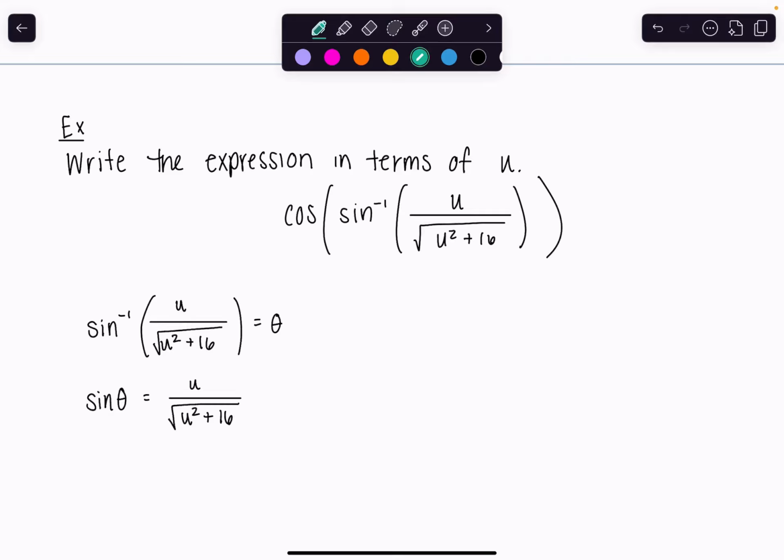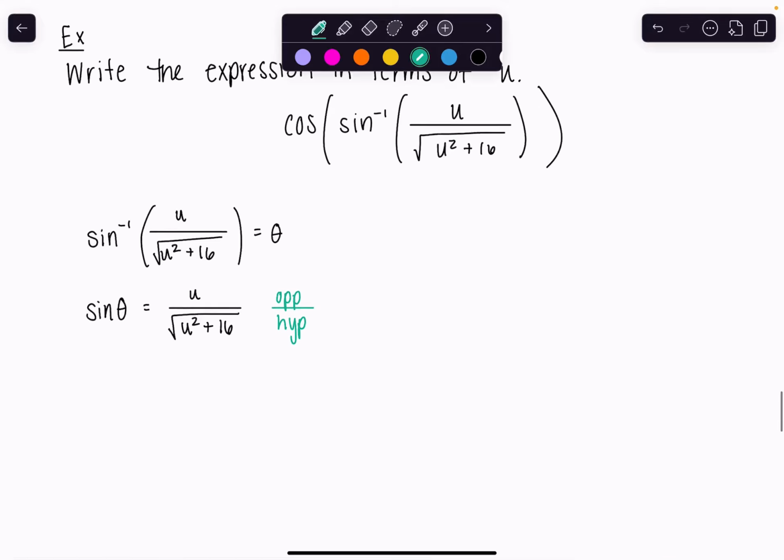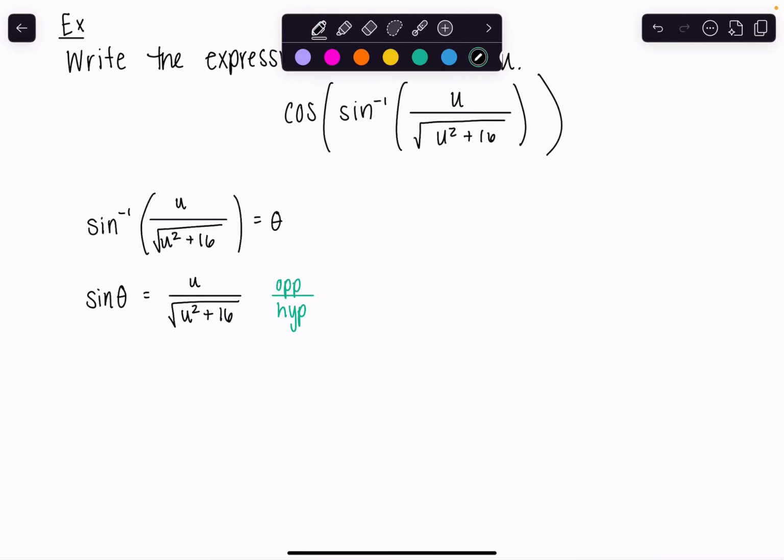Sine is the opposite over the hypotenuse, so I'm going to use a triangle. If this is my theta, my opposite side is u, my hypotenuse is the square root of u squared plus 16.